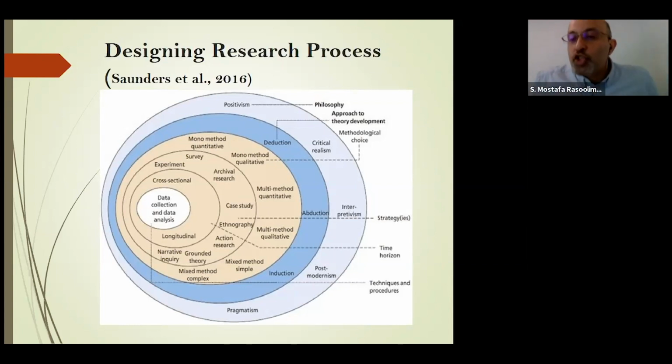So we cannot jump to the last layer. You can see the center of this onion, the last layer, is data collection and data analysis. So if we see this course as a data analysis technique or quantitative data analysis, we have to go directly to this layer.